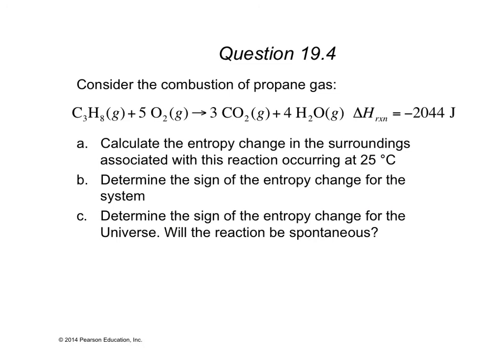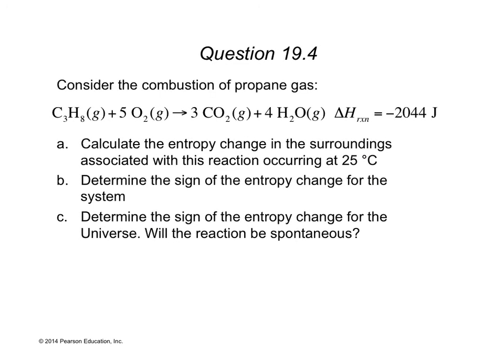So how would we do? Let's say that we have a reaction where we know the enthalpy of this reaction. It ends up being about minus 2,044 joules. I want you to first calculate the entropy change to the surroundings associated with this reaction at 25 degrees Celsius. Then I want you to determine the sign of the entropy change with respect to the system.